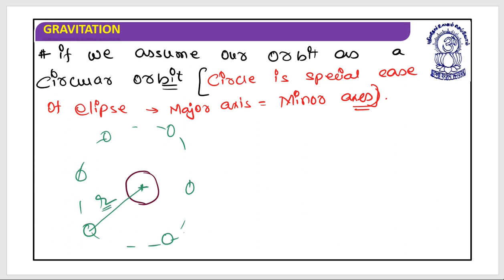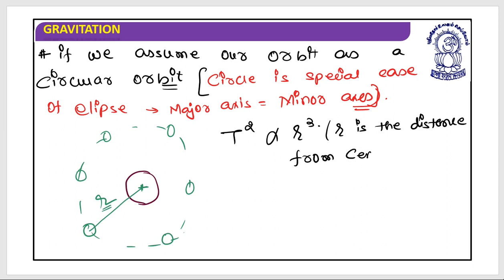When you write the third law in this case, it's t square directly proportional to r cube, that you understand. But this r is the distance from the center of the central body to the revolving body.